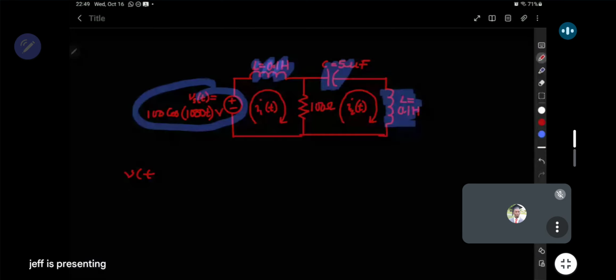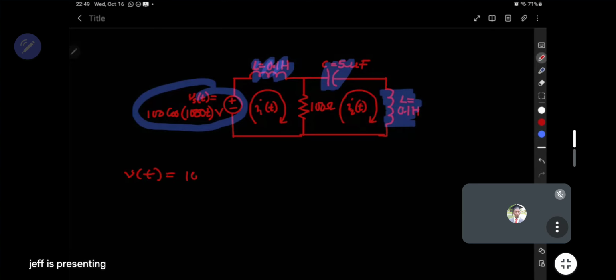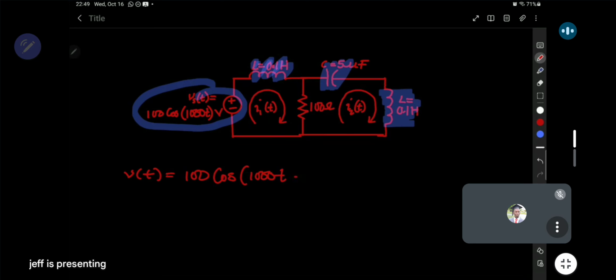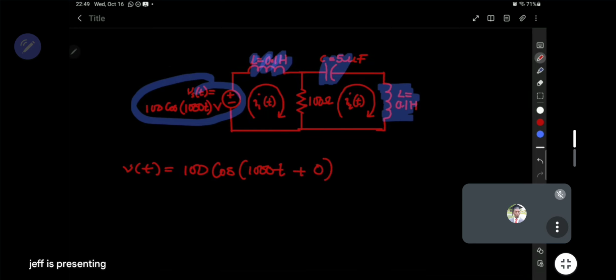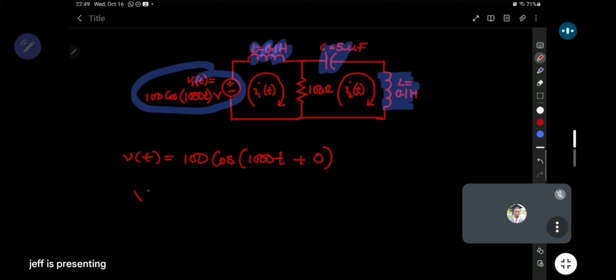Currently, it's given as a sinusoidal waveform. And here we have 100 cosine, and then we have 1000 t. If we just have 1000 t, we don't have an independent variable without a t, it implies that what we have there is a 0. Meaning, now the phasor voltage corresponding with this source, this has a subscript s, so I'll still keep it like that.